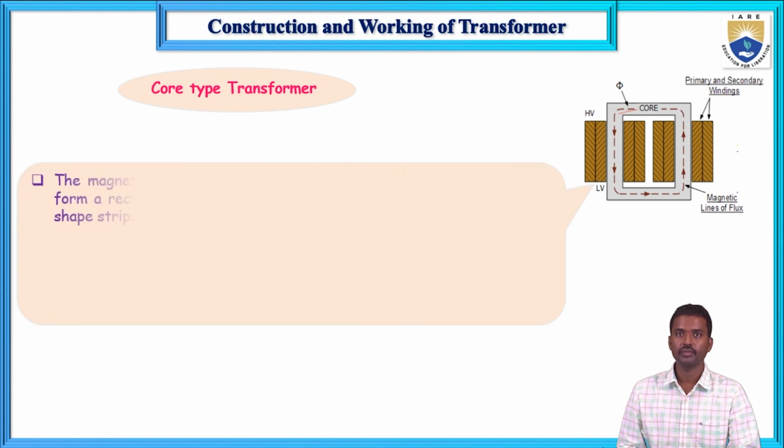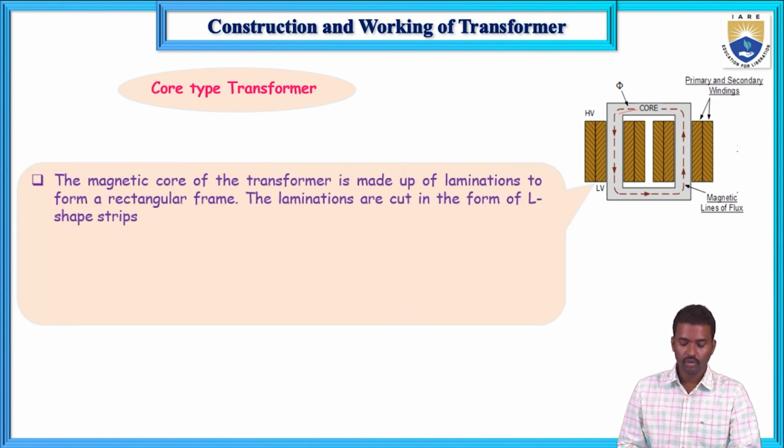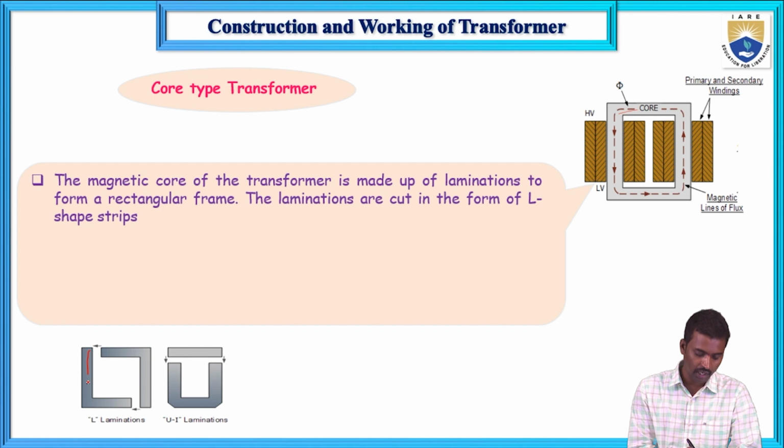Here, the magnetic core of the transformer is made of laminations. Already we discussed in the core construction that it is either rectangular or square and laminated. The laminated cutting is L shape, or U and I shape.